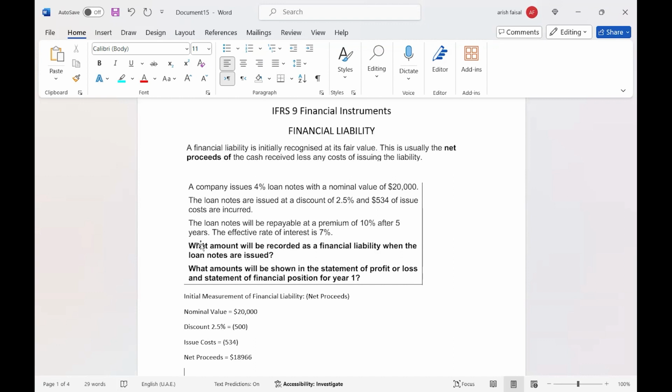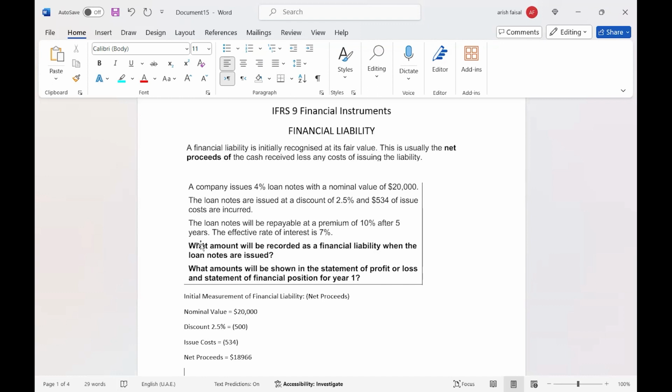But there is an additional 3% increase in the cost of the liability. That is because of the discount being given, the issue cost, as well as the premium. So these three things have caused the cost of the bond to increase from 4% to 7%.